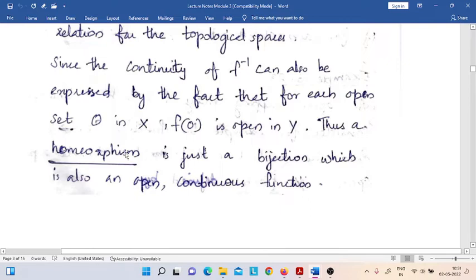If you are using f inverse, then f inverse must be continuous. But instead of using f inverse, you can use the function f. When you are using the function f, then you can state that f must be an open mapping. So that's all.